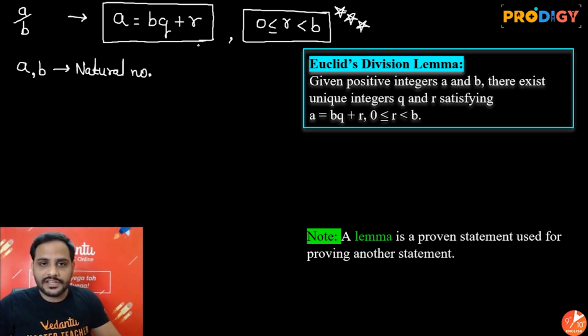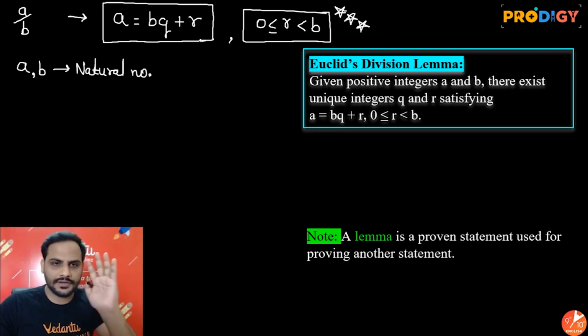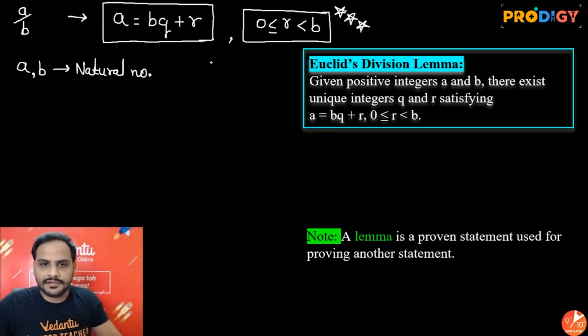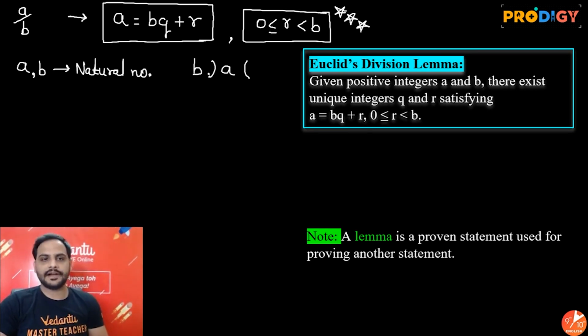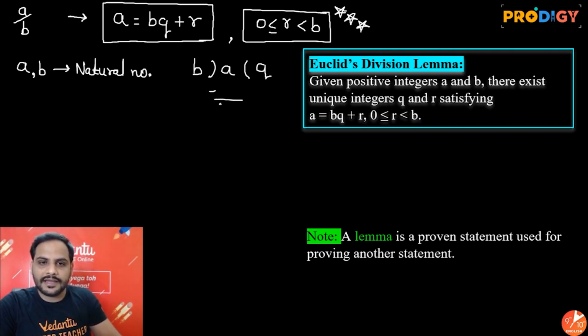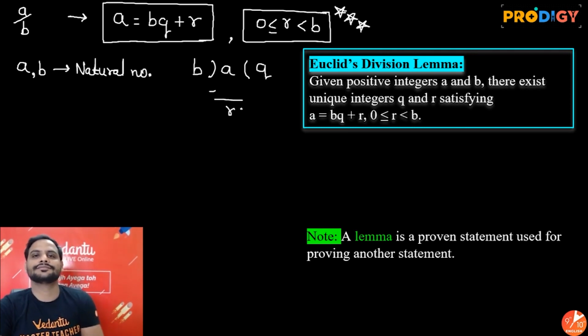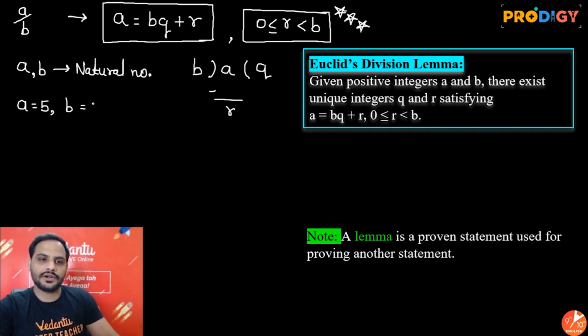So in this equation, a is equal to bq plus r, please understand very carefully. If I write it in the division form, I am dividing a with b. I am getting quotient as q, and after division I am getting remainder as r. For example, let's say I choose a is equal to 5 and b is equal to 3.